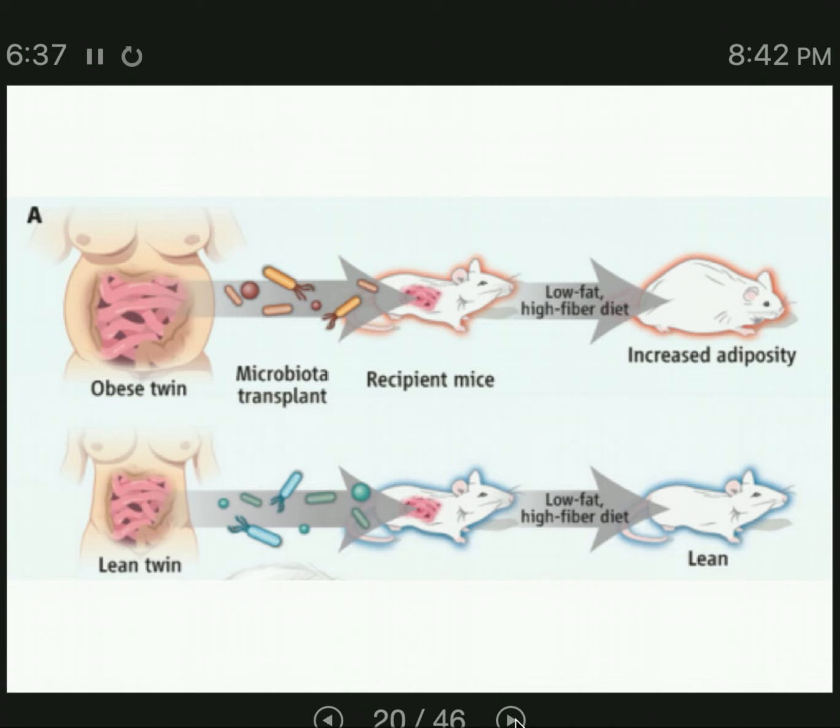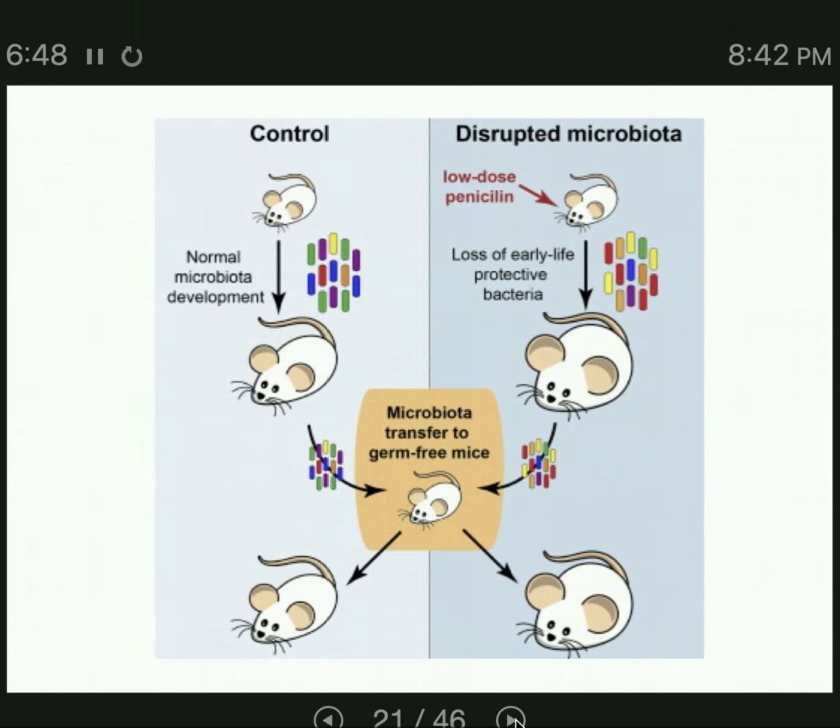So this tells you that gut microbes affect how we digest our food and how we store fat. This is also related to early antibiotic use. Mice given antibiotics very early in life are more prone to obesity.